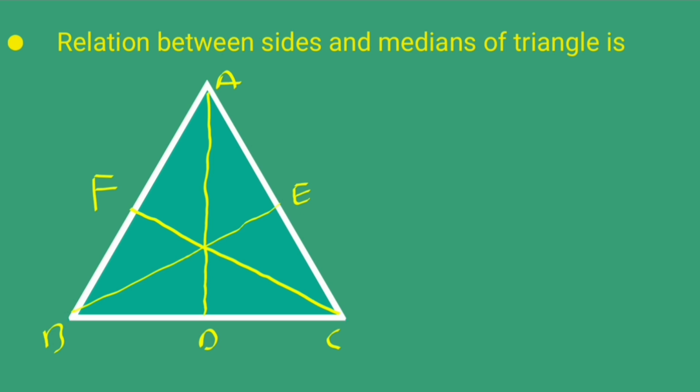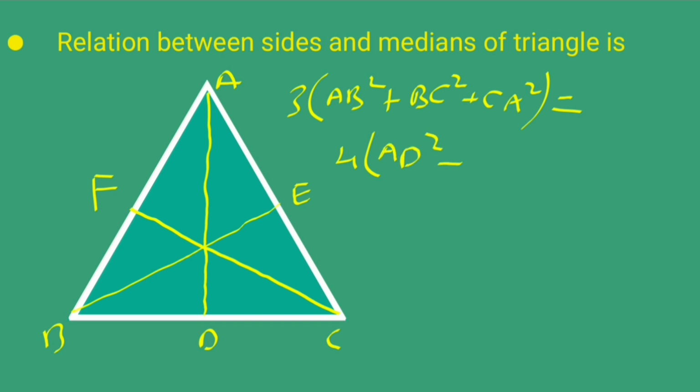Now the relation between medians and sides is 3 into AB square plus BC square plus CA square is equals to 4 into AD square plus BE square plus CF square.